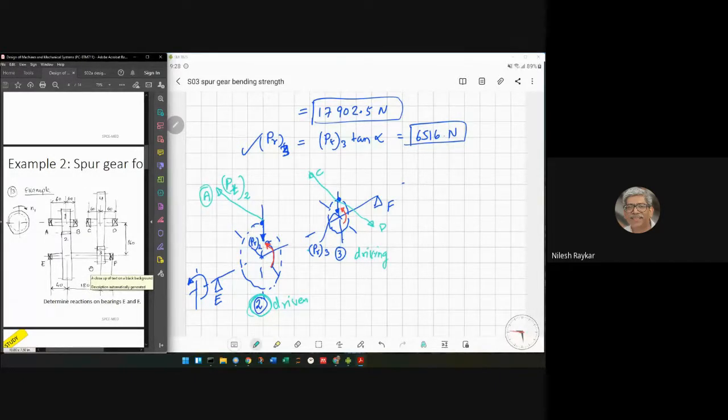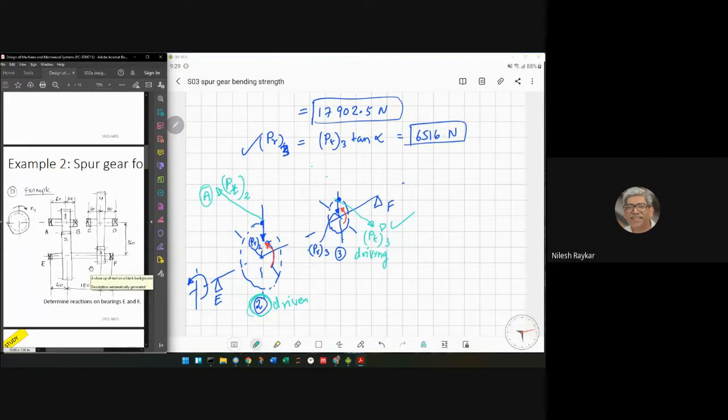Since it is a driving gear, the direction of force should be opposite to that of the motion. So what is the direction of PT3? Towards D. That's right. So this is PT3 and it will not be along direction C.